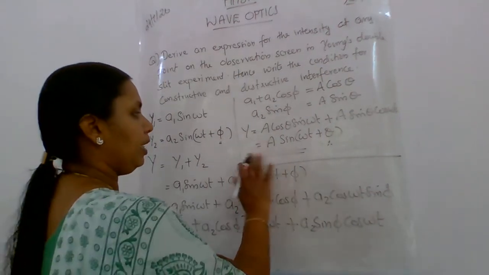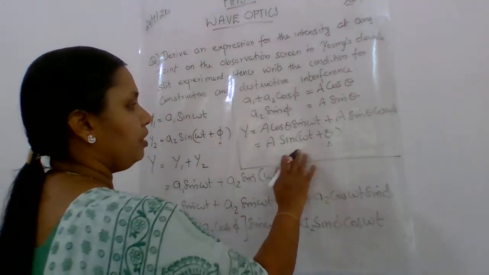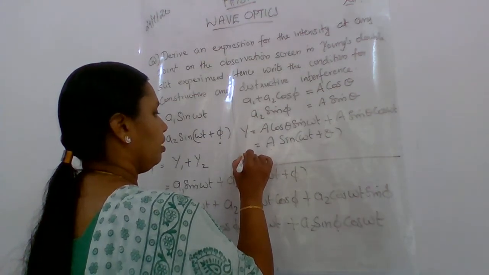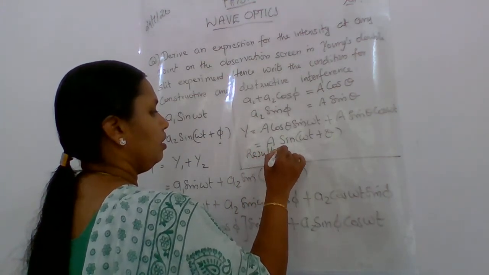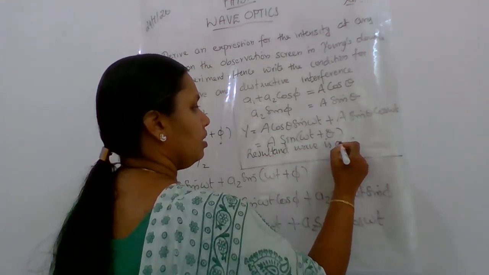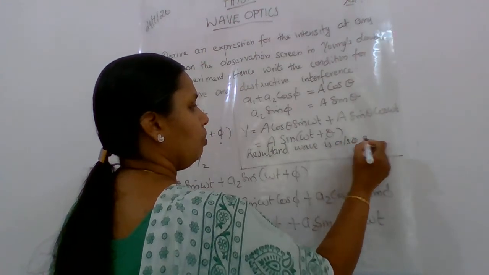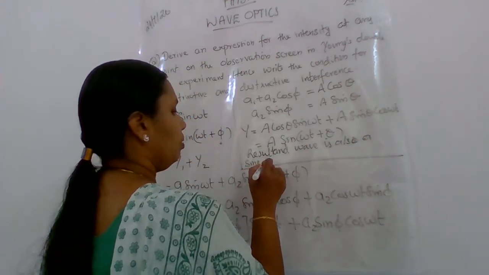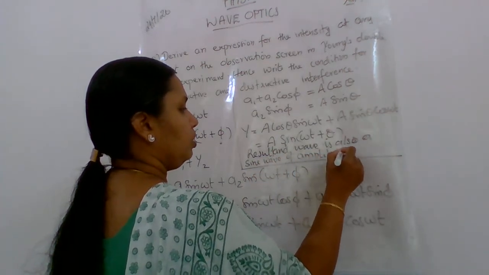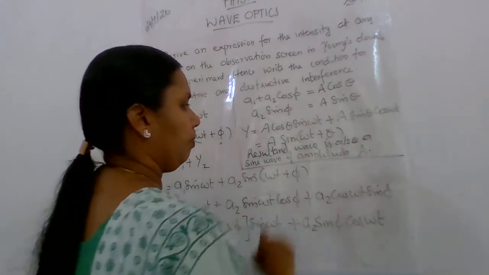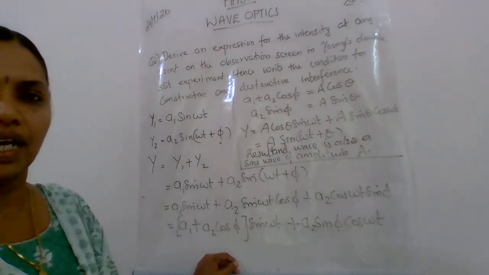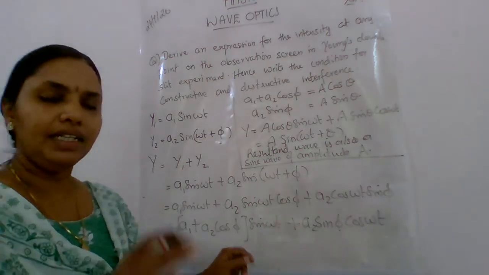So after that you have to write, this is the question for you, and after these steps you have to write: the resultant wave is also a sine wave of amplitude capital A. So the resultant wave we are getting is a sine wave.